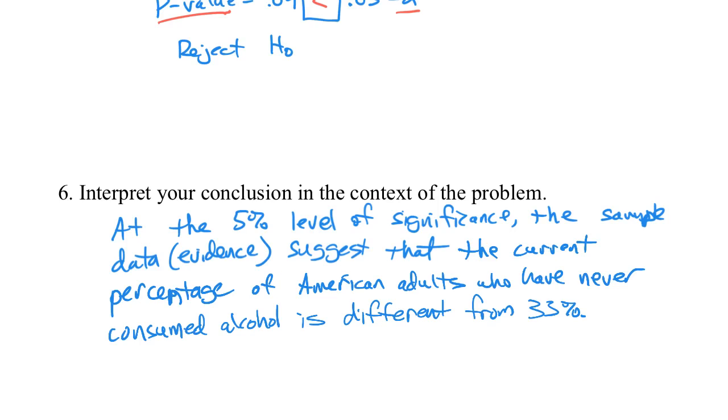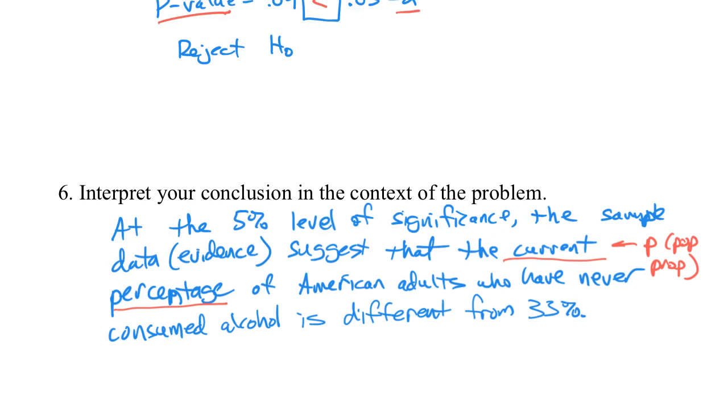And when we say this, something we should probably point out here, this current percentage, that's really the population proportion, right? That's really P, population proportion. So they just worded it a little different than what we normally see.